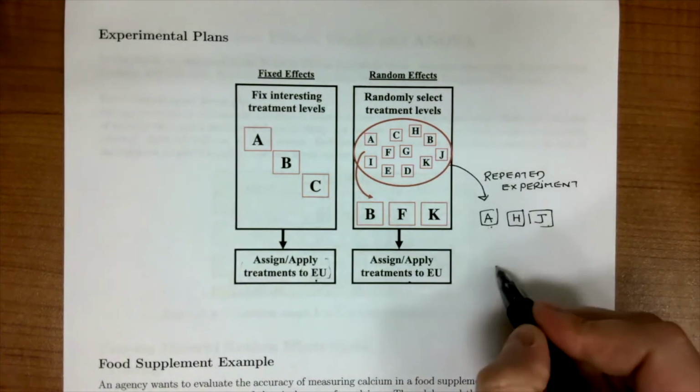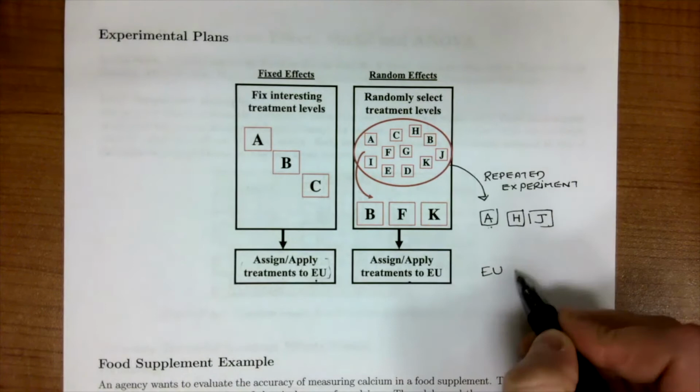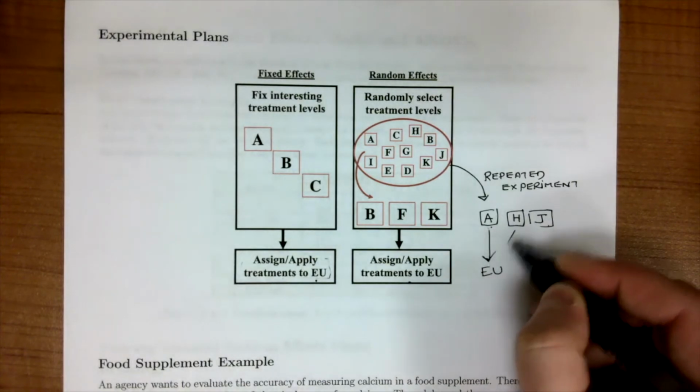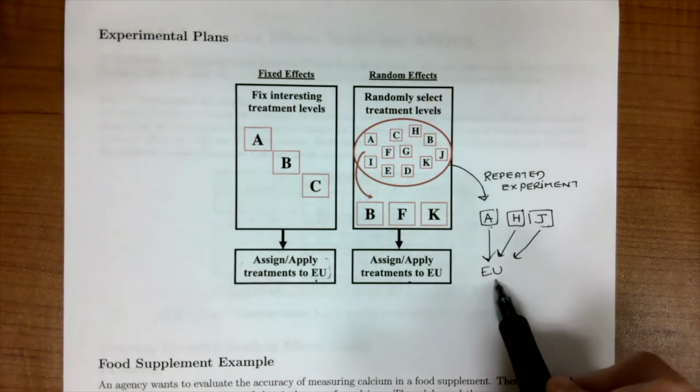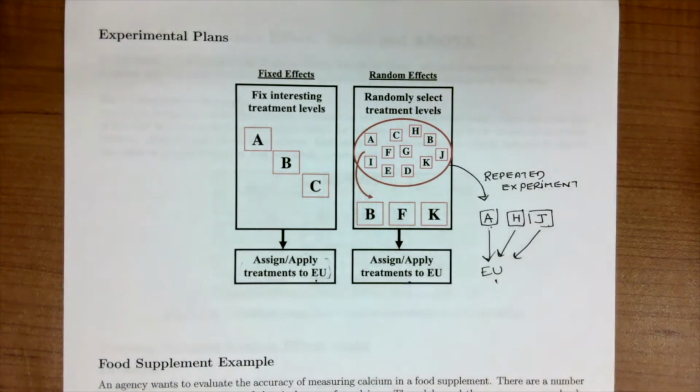Now we have our experimental units, however many, and we're going to randomly apply the treatments we selected to our EUs.